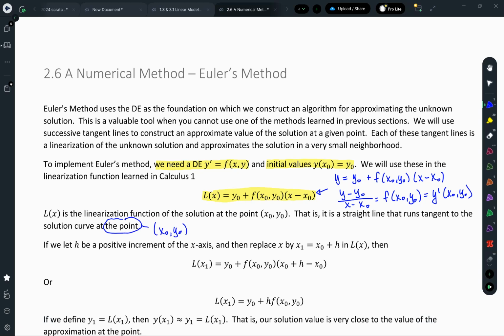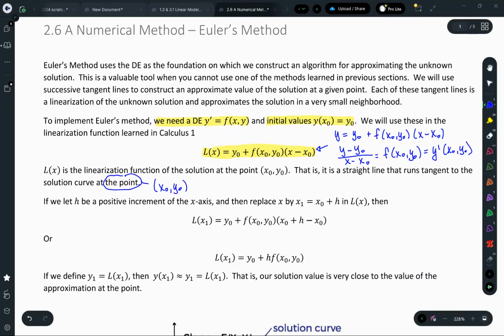And then we're going to let h be some small positive increment on the x-axis. And we're going to reconstruct our linearization function to fit our needs in this course, okay? So h is some small value on the x-axis, and we're going to replace the x in x minus x naught by x1 is equal to x naught plus h.